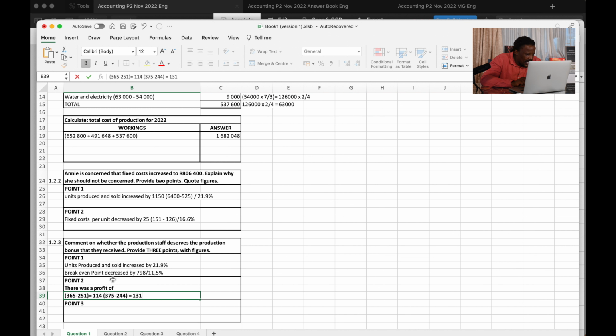So in terms of units, there was a profit of 131 units compared to last year's 114 units. You mention that, and you're going to get maximum marks.